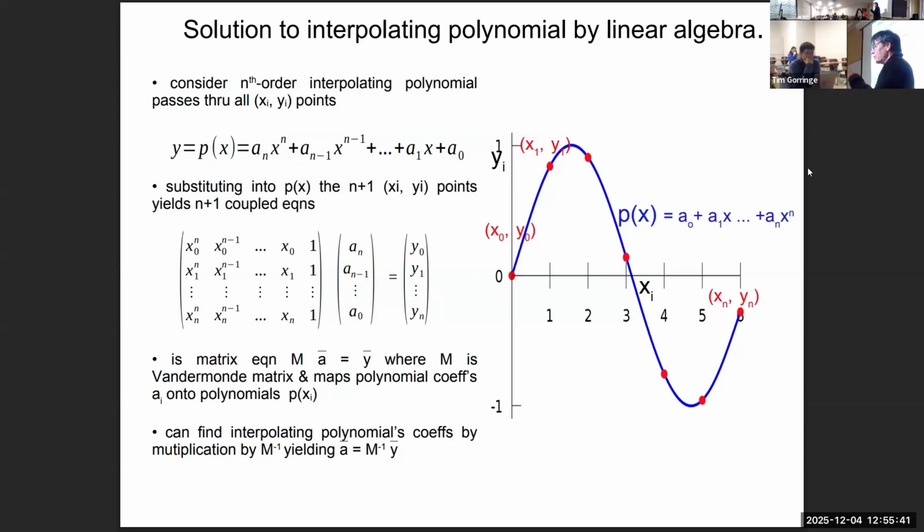When we did least squares fitting, we fit to a linear function or a polynomial function. The Vandermonde matrix came about when you wanted to represent those polynomials that you were going to use for your fit. And it's coming about here because we want to interpolate with a polynomial rather than a fit.